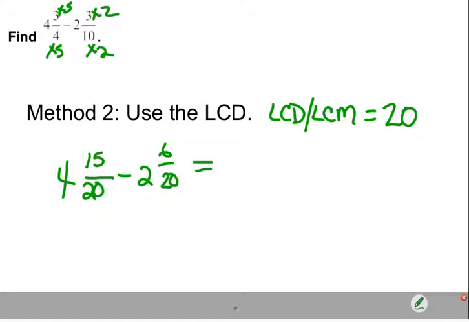Let's see, 4 minus 2 is, and 15 minus 6 is, the same answer we got before? Yeah. Where do I have the least amount of opportunity for error? Which way? This one. The smaller numbers. The LCD. Okay?